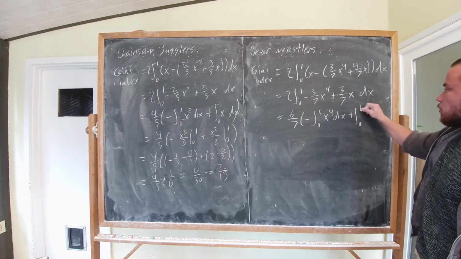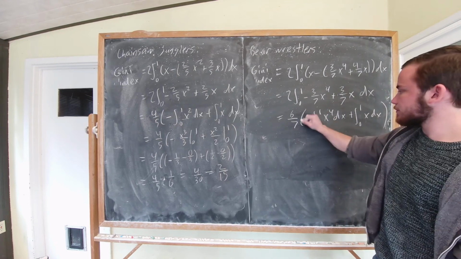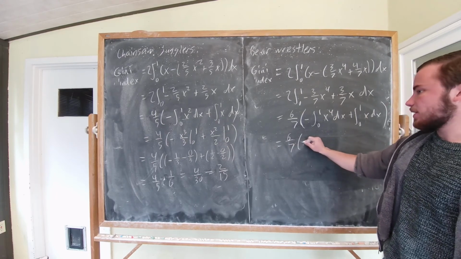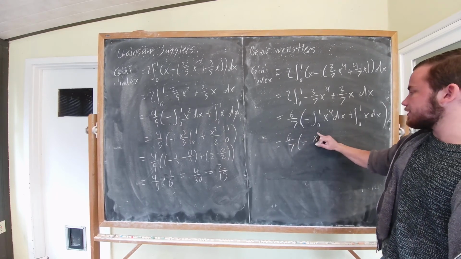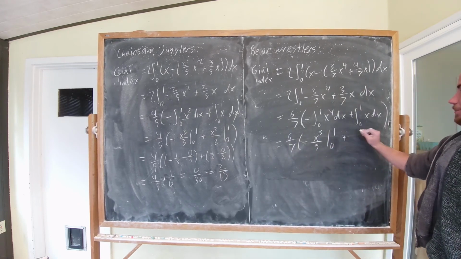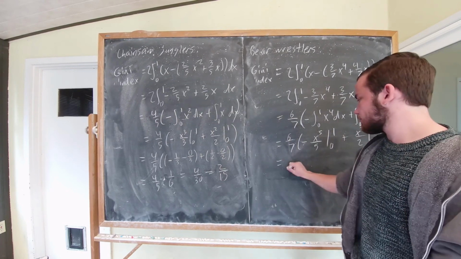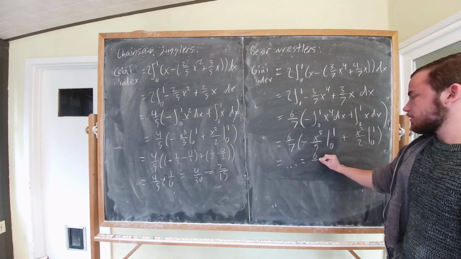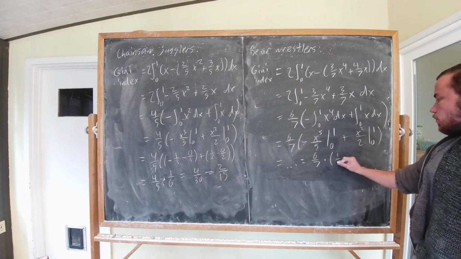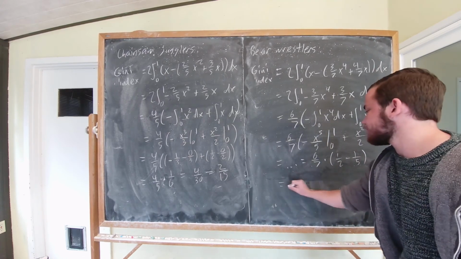Plus the integral from 0 to 1 of x dx, which is 6/7 times negative x to the 5th divided by 5 from 0 to 1 plus x squared over 2 from 0 to 1. 6/7 times 1/2 minus 1/5 is what I'll end up giving you.